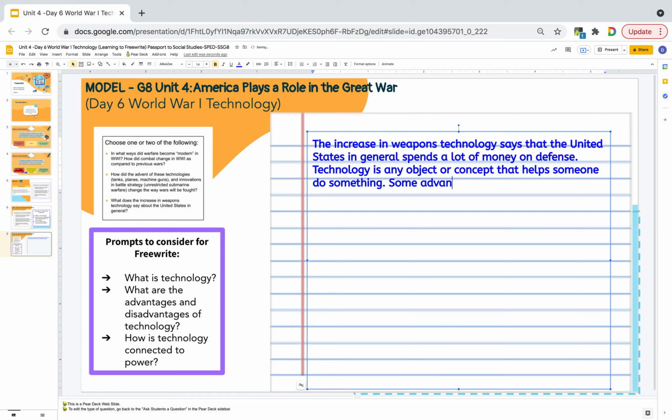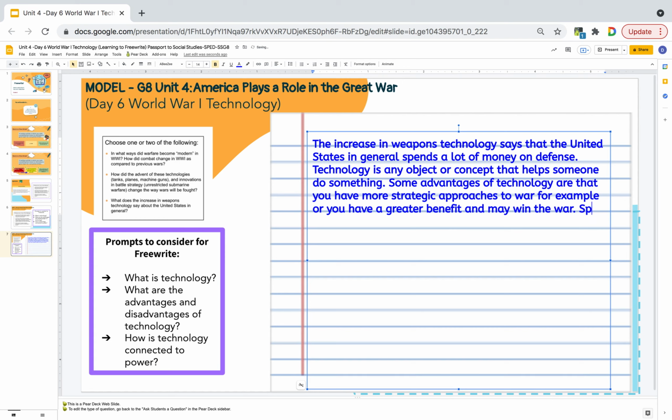Some advantages of technology are that you have more strategic approaches to war, for example, or you have a benefit and may win the war.